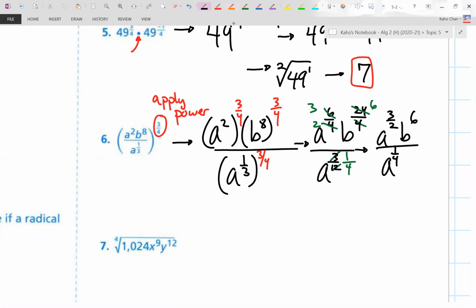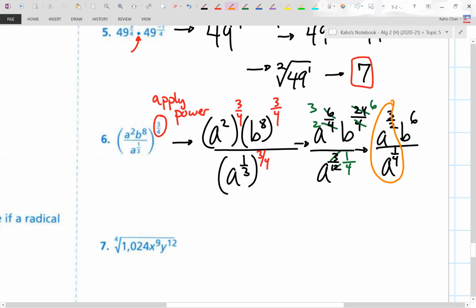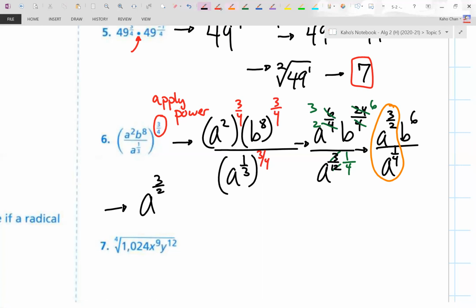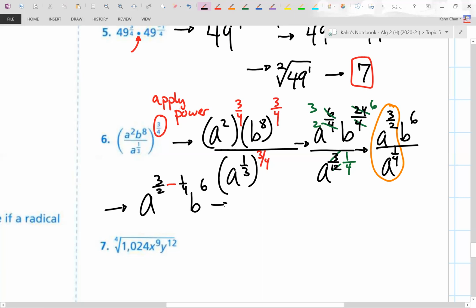You guys remember the rule for division of exponents? The rule is to subtract those powers right there. Let's do that. A to the 3/2 minus 1/4 in the denominator times b to the 6. Ooh, 3/2. I got to convert that back to 6/4.